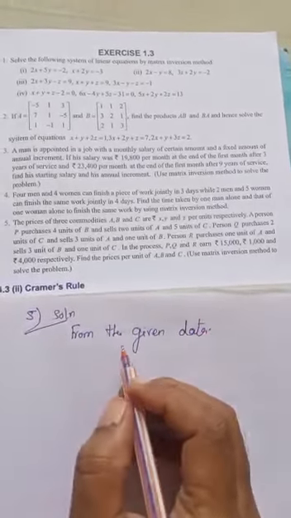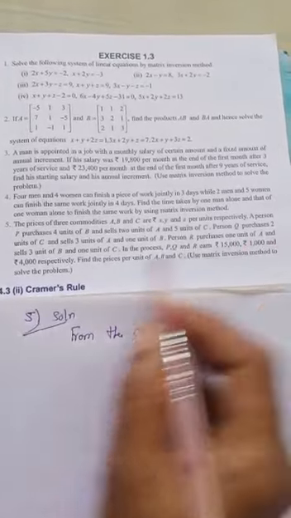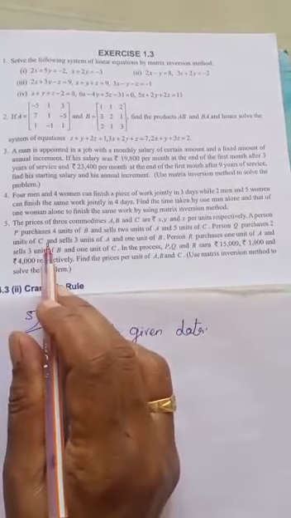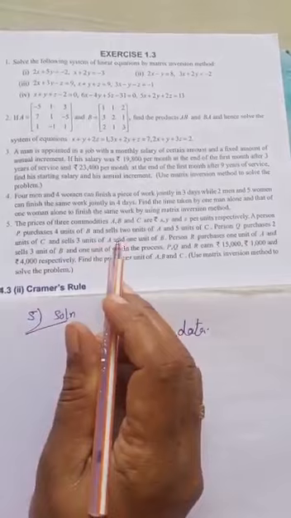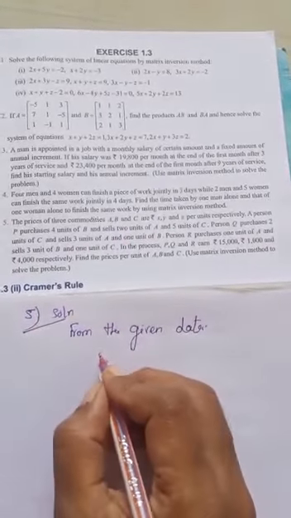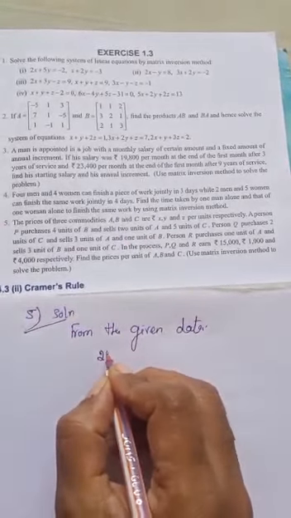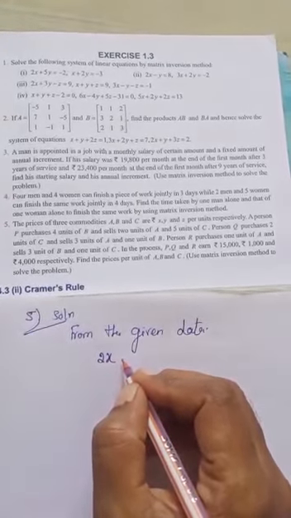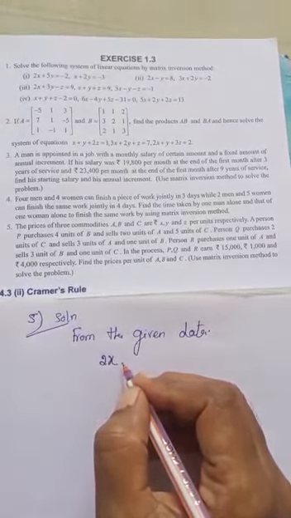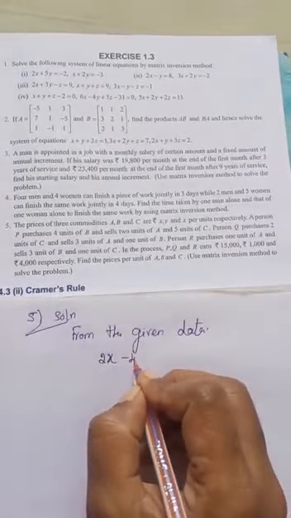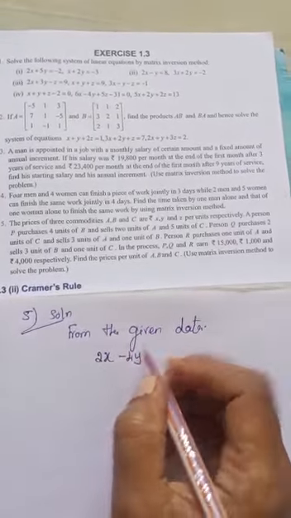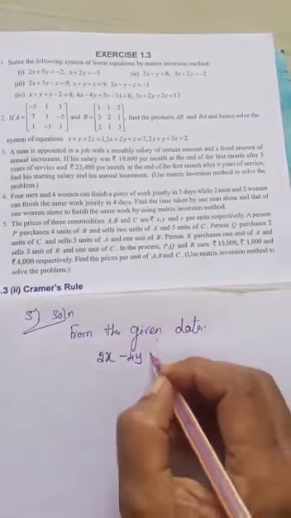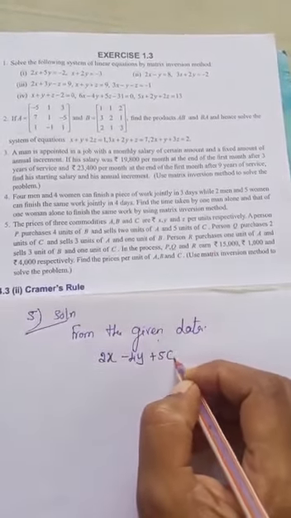So for the P we can write first. A person P purchases 4 units of B, sells 2 units of A, that is 2X. He has purchases. Purchases means he is losing his amount. So minus 4Y and 5 units of C, plus 5Z.